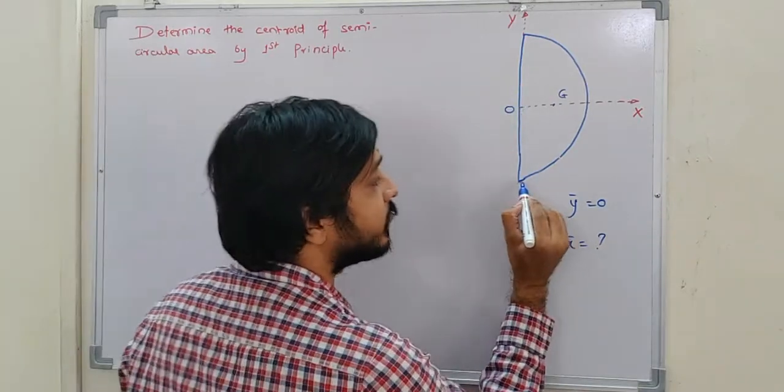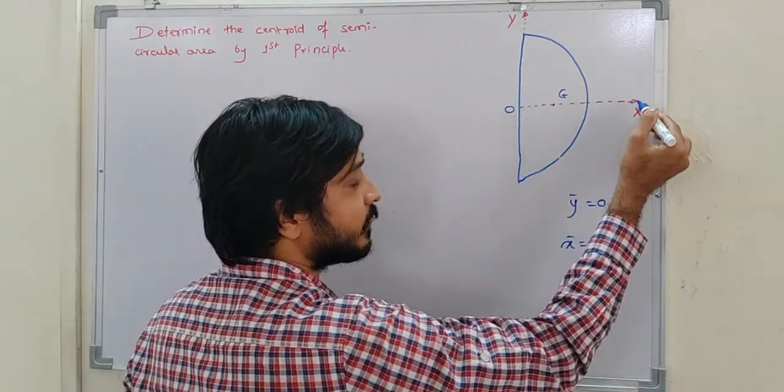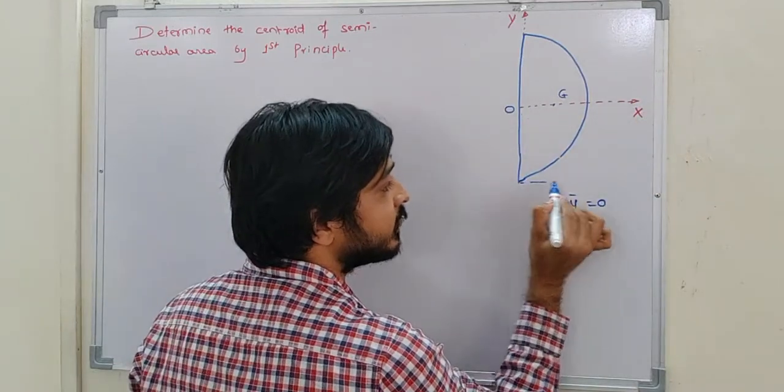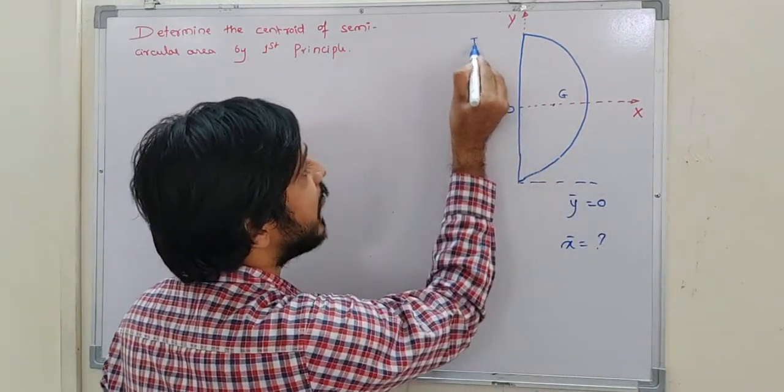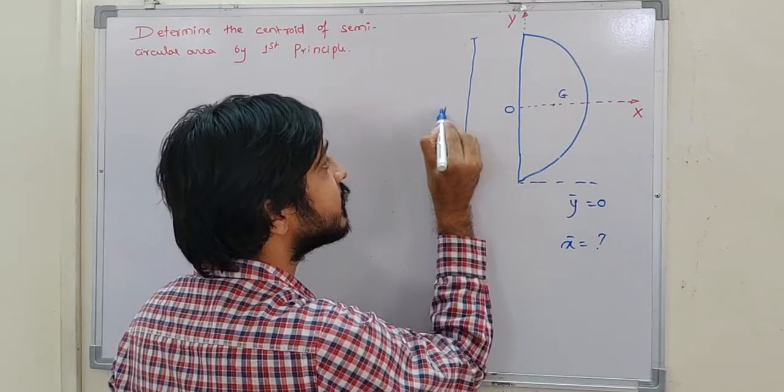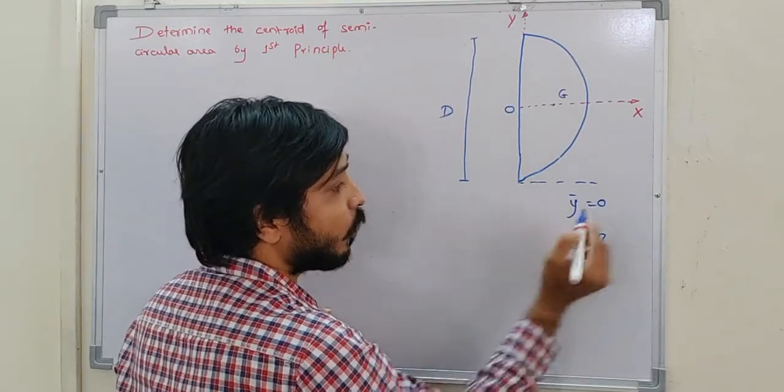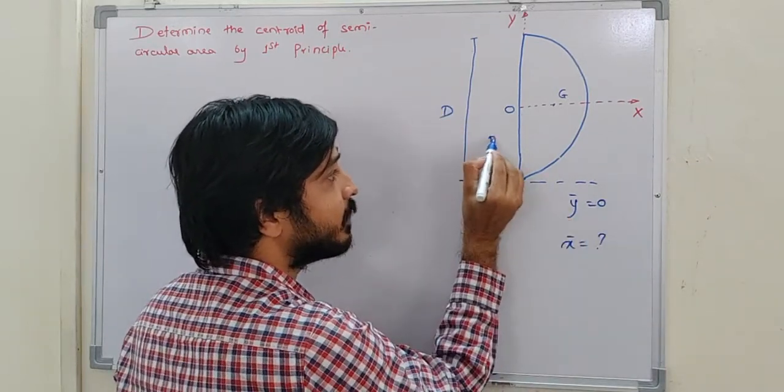Suppose instead of this reference line, I take X here, and suppose this is the diameter D. Then the Y bar will become how much? D by 2, correct?